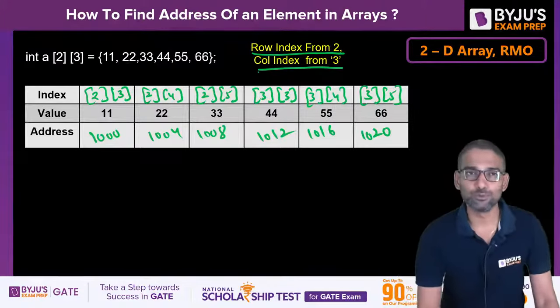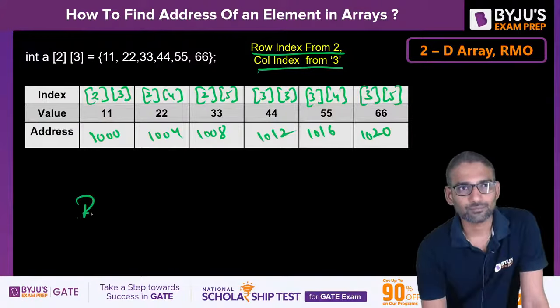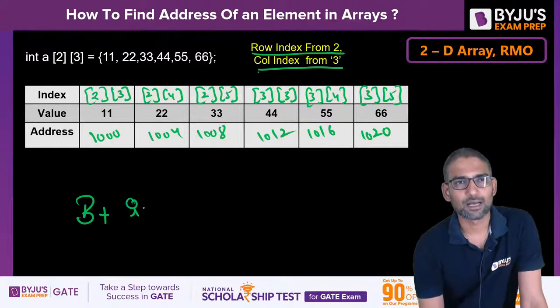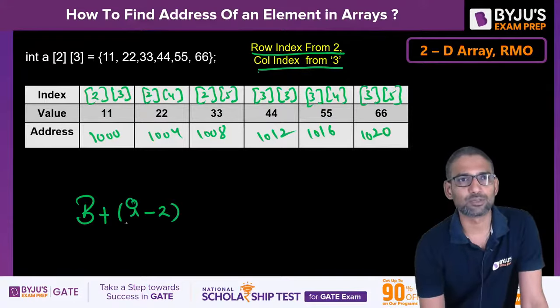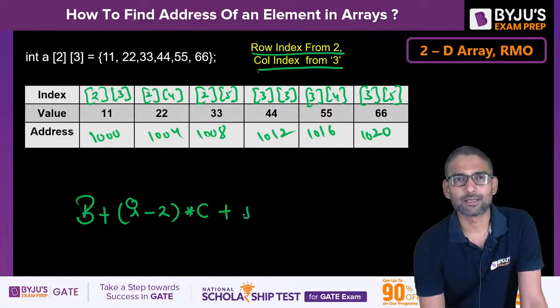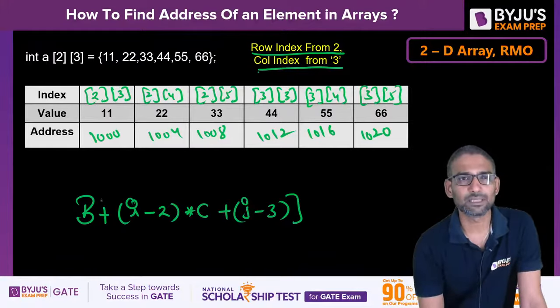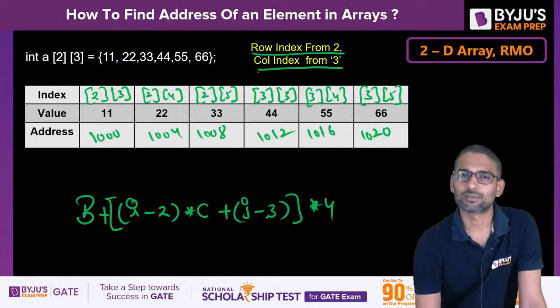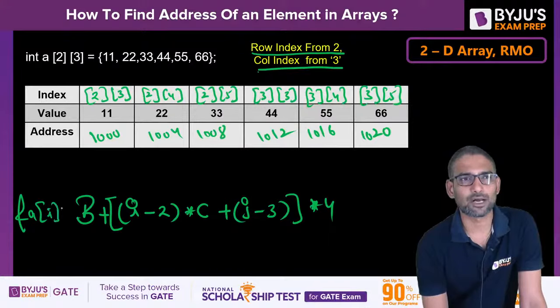So what do I do? Base address plus I minus 2, because row index started from 2, plus J minus 3 because column index started from 3, right? So this is the address of A of ij.